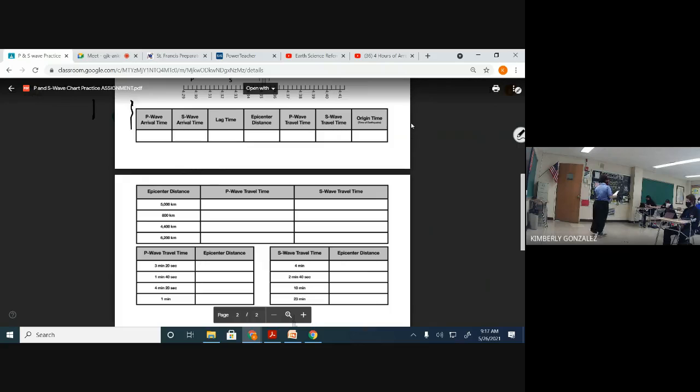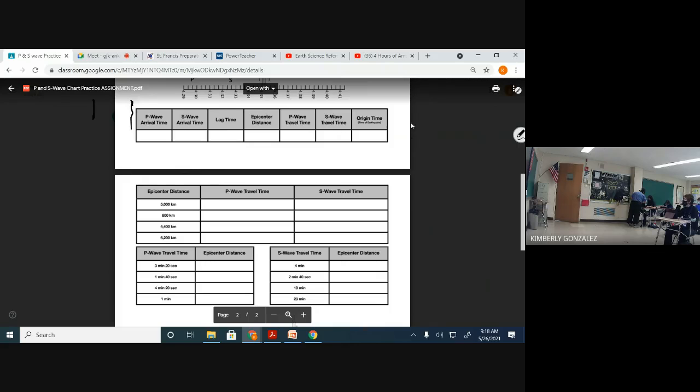For 5,000 kilometers for the P-wave travel time, I think it's 15. No, that's the S-wave. Dang it. 8 minutes, 20 seconds. It's just because you have it backwards. You're going to the S line instead of the P line.